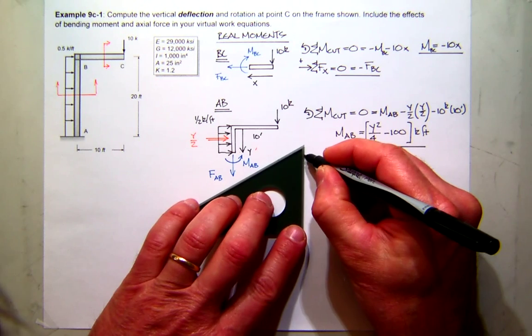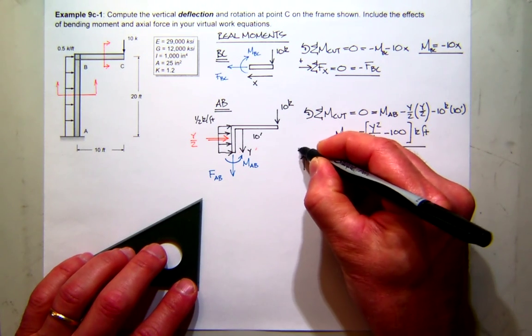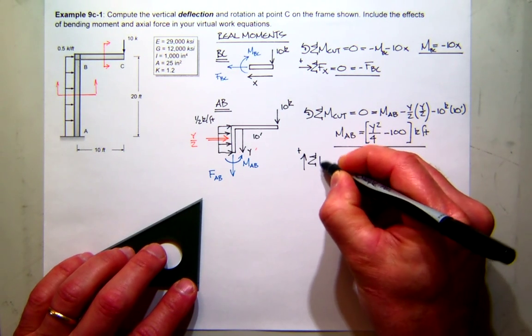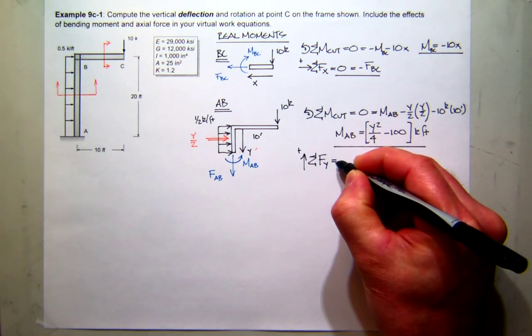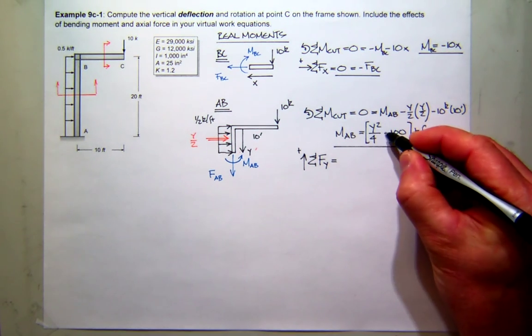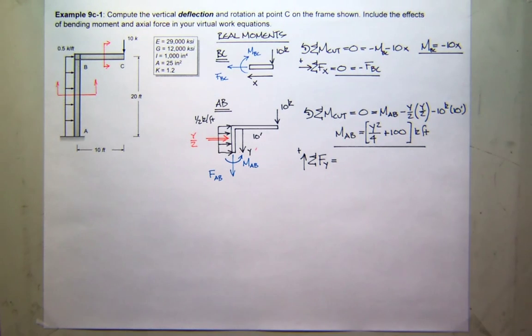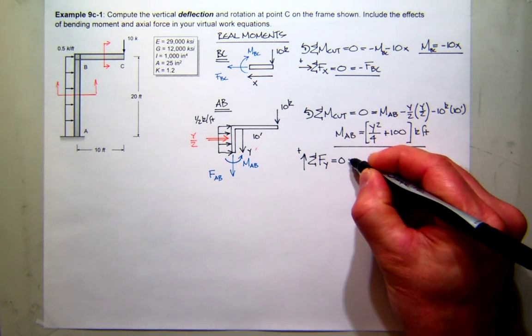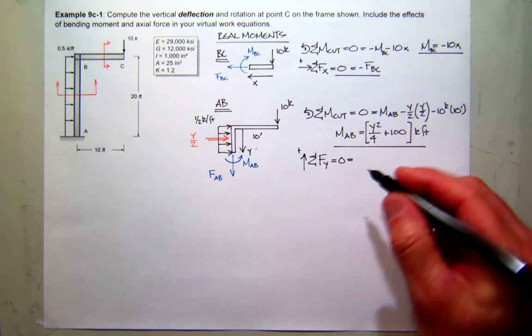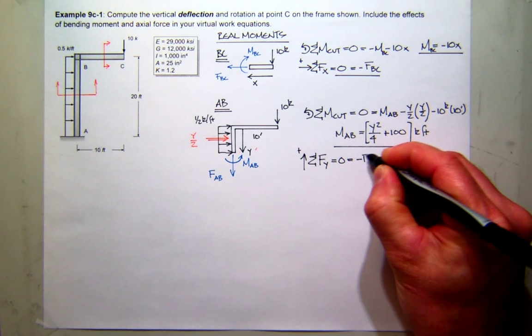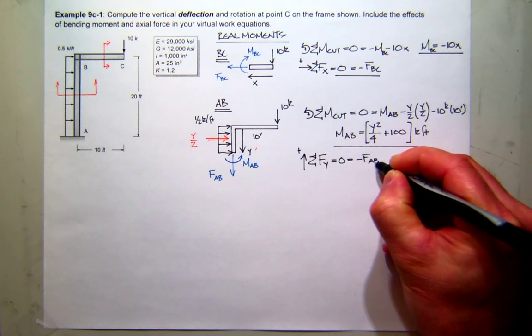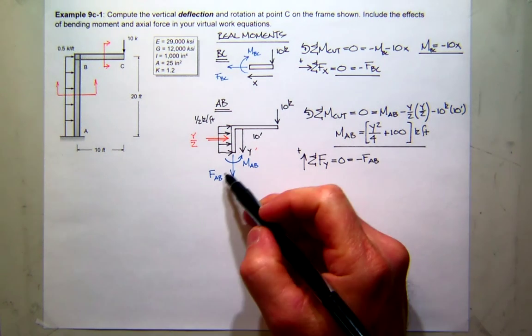Then I'm going to sum forces in the y direction. Would it be plus 100? Yes, it would. Thank you. So I'm going to sum forces in the y direction because I'm looking for this tension force. It's actually acting down. And what other forces do I have in the y direction?